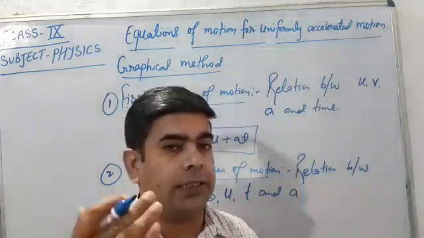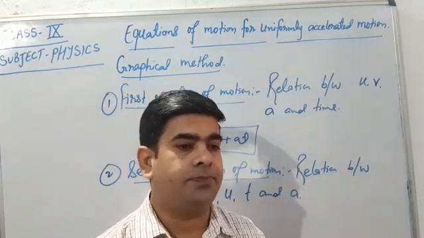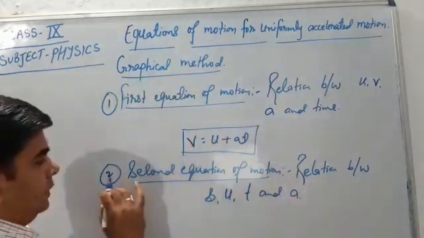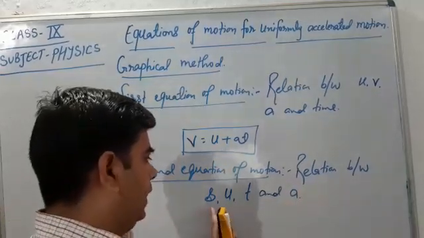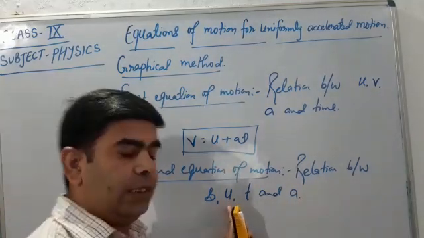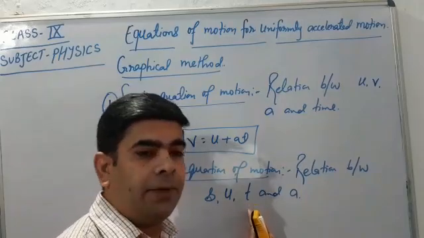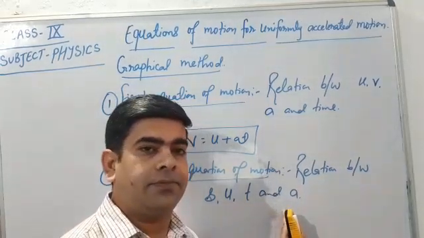It means we denote acceleration by a small a. Relation between s, distance traveled, u, initial velocity, t, time, and acceleration a.